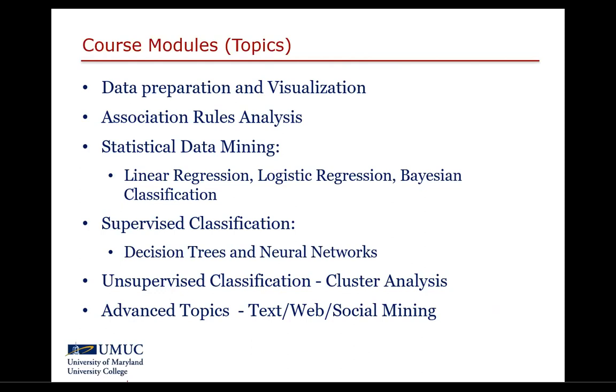And then for the next 2 modules, we cover statistical data mining. Linear regression, logistic regression, and Bayesian classification we will cover in module 3. And then we move on to supervised classification, like I said, decision trees and neural networks. Decision trees are in module 4, and then we go to neural networks in module 6.